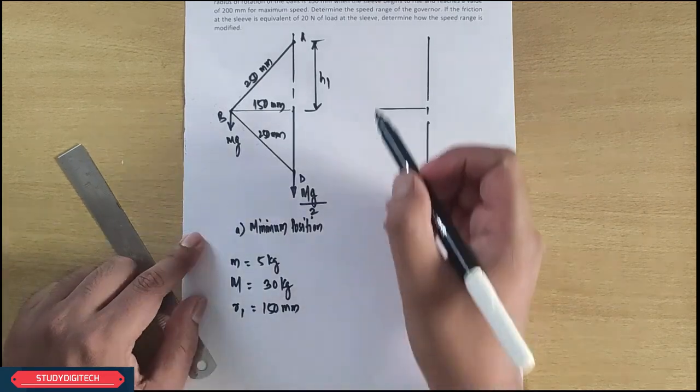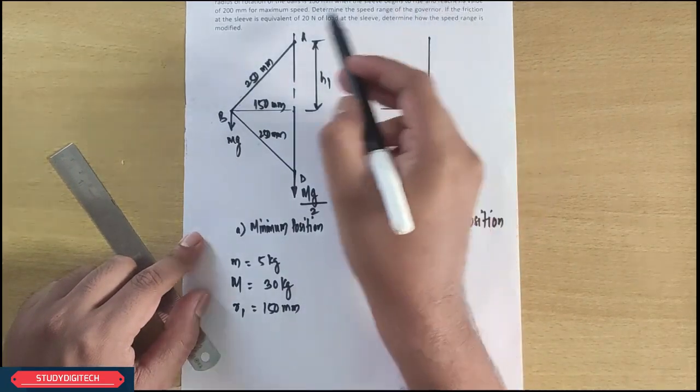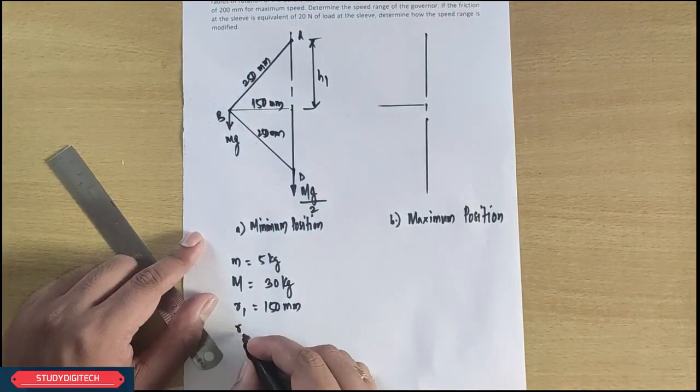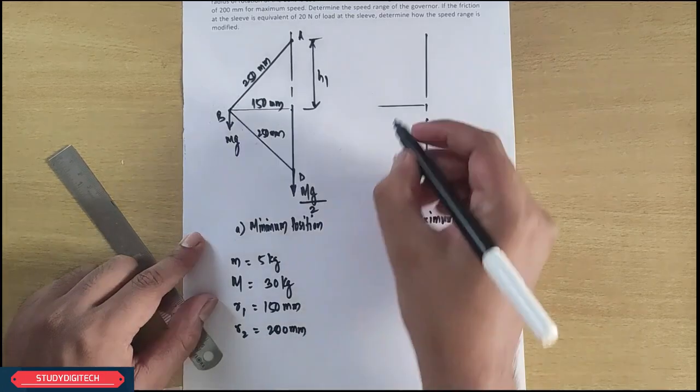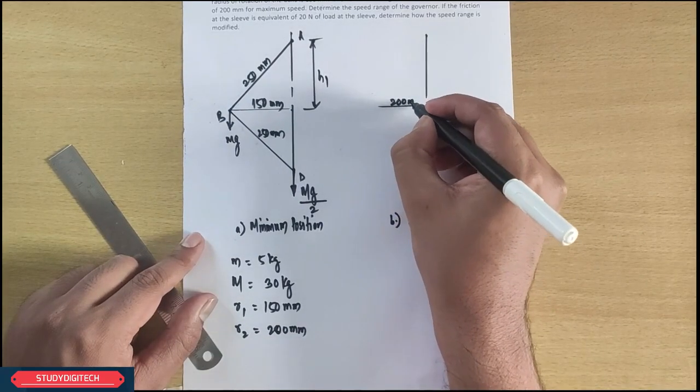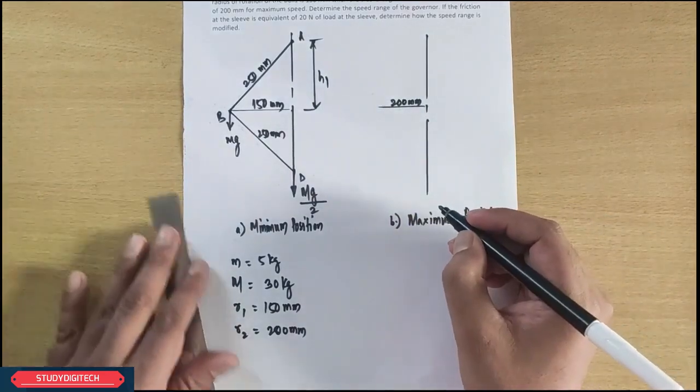Then next, when the sleeve reaches a value of 200 mm for maximum speed, r2 is 200 mm, means the radius of rotation for maximum position.